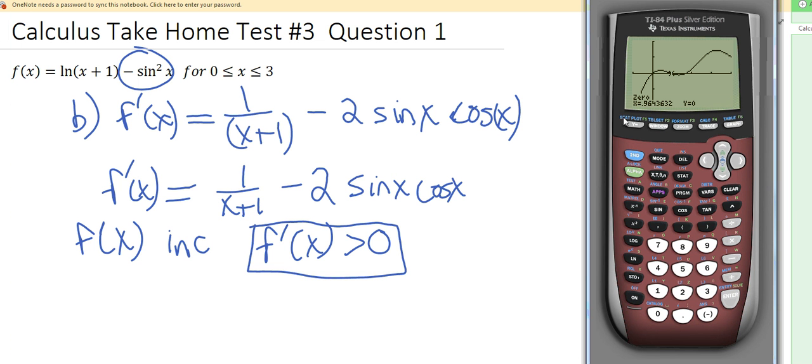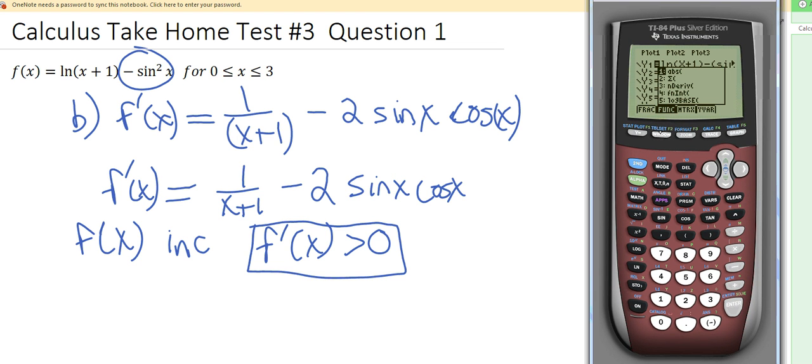In your graphing portion, you're going to go down to the next line here, and we're going to put the derivative in here. I like to use this shortcut right here, which is number 3, alpha f2, and then select number 3, and of course it's dy over dx, and we're going to take that function that's in y1 of your graphing.